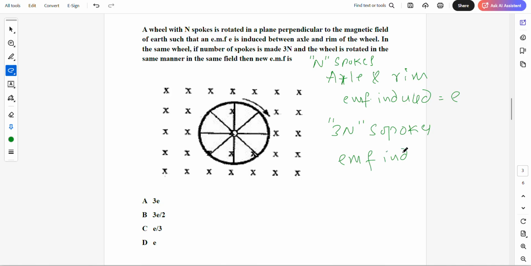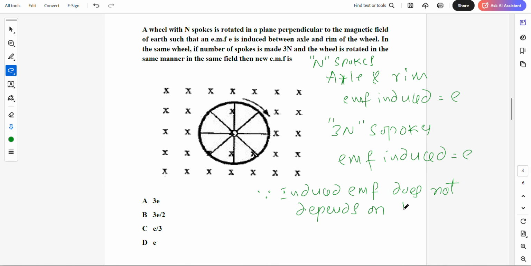It will be same as E, because induced EMF does not depend on the number of spokes.